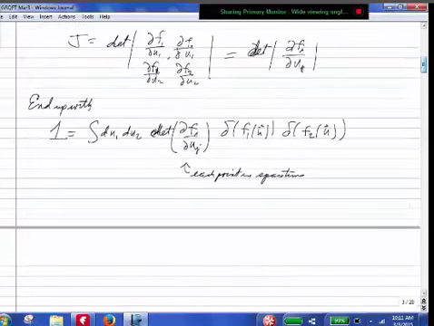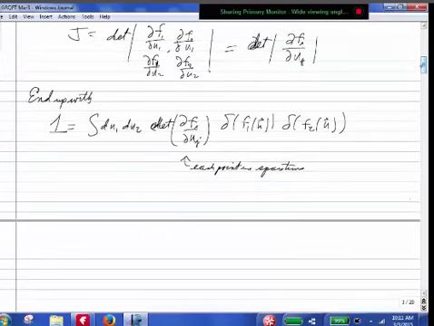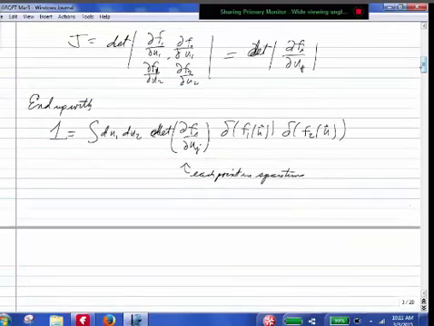Okay, so that's just how you do the change of variables. With many of them, we're going to want to do one of these for each point in space-time.